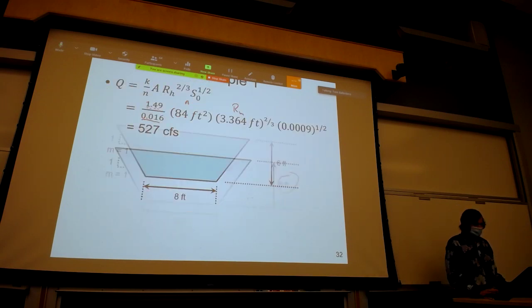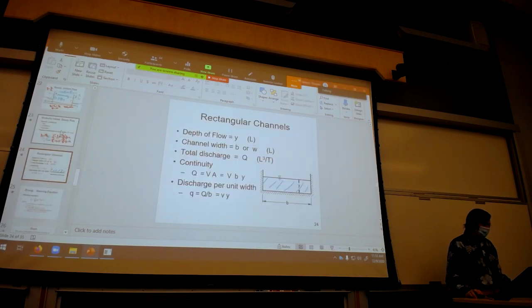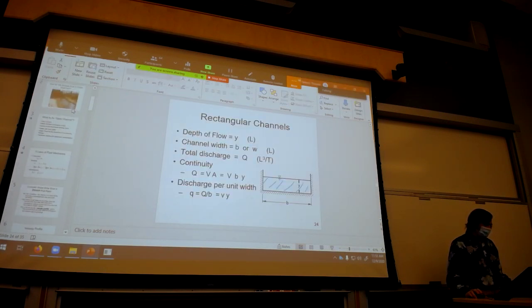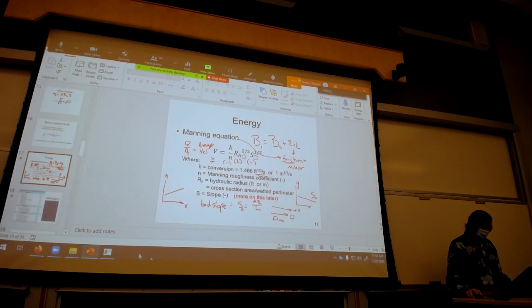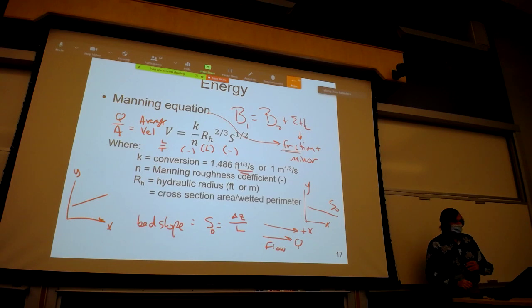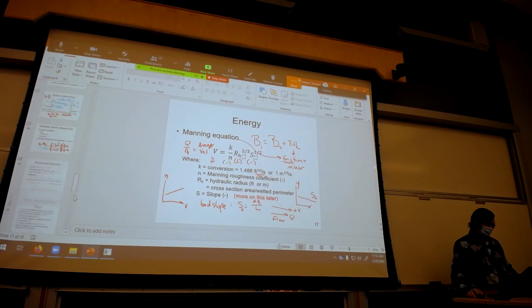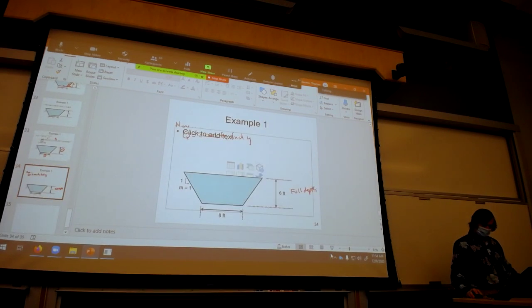Where was K from? When we first introduced the Manning equation, I introduced K as the conversion factor between meters and feet. 1.486 foot to the 1/3 is equal to 1 meter to the 1/3.